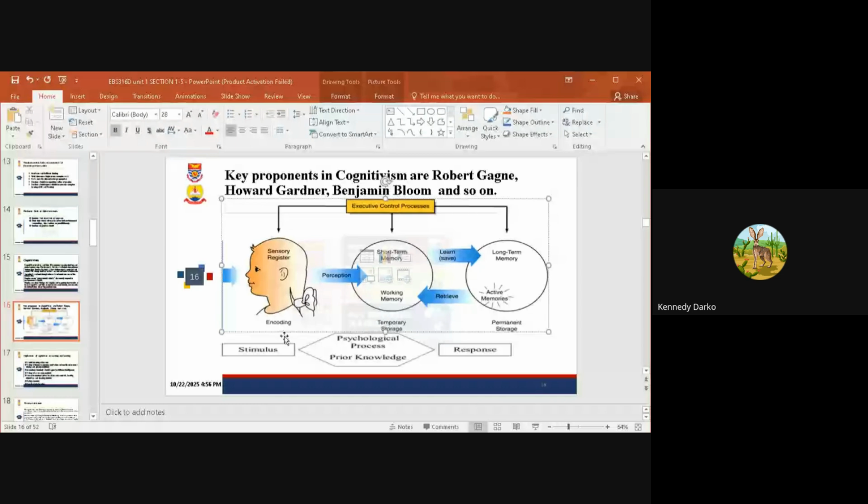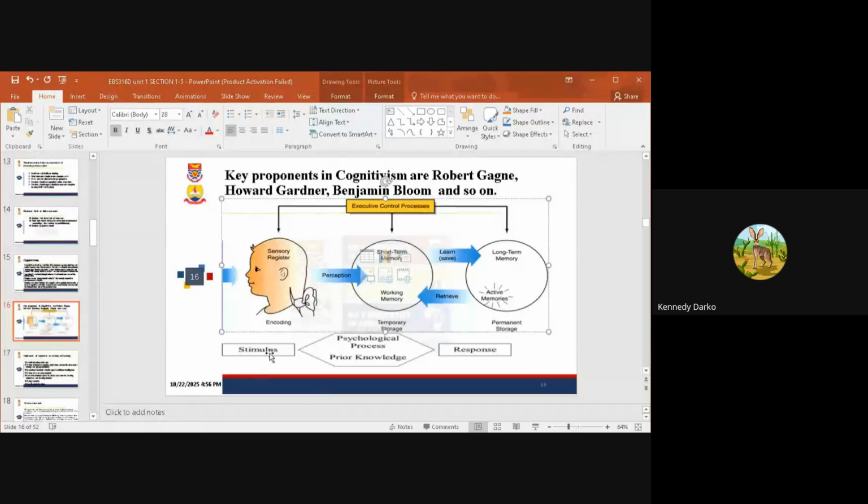Anytime you take any information, you are encoding. Then when you encode, when it comes here, we have temporary storage. You store it temporarily. Then when it moves here, we have permanent storage.